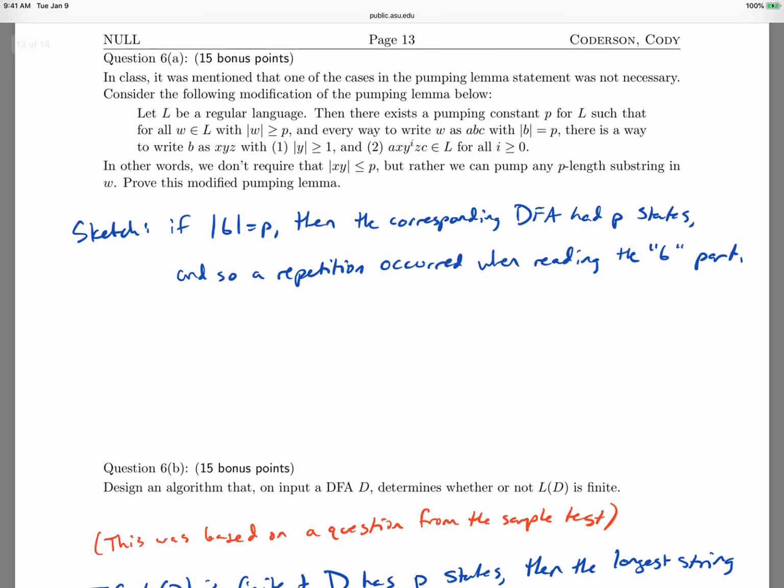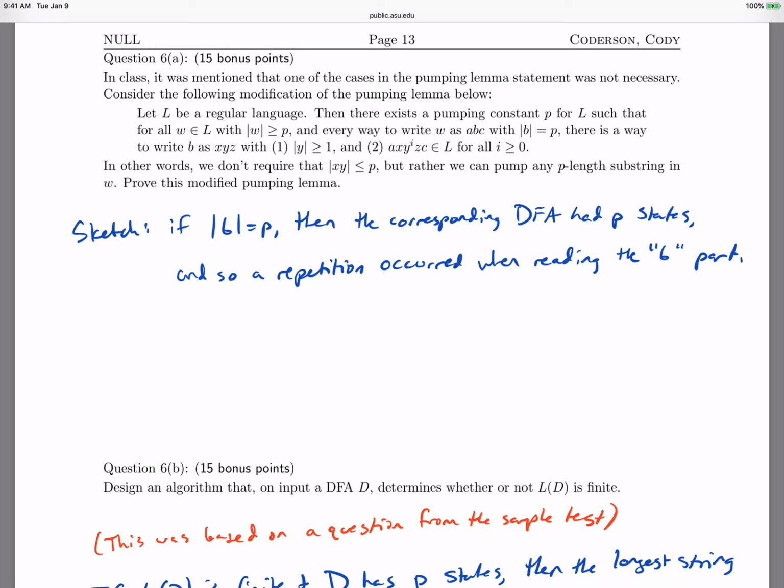Part A. Well, what does this really say? If you look at the English description at the end, it says we can pump any p-length substring. So if you pick a substring of length exactly p, then we can pump only in that part. What does the proof of the pumping lemma say?